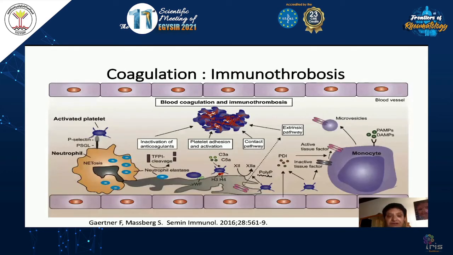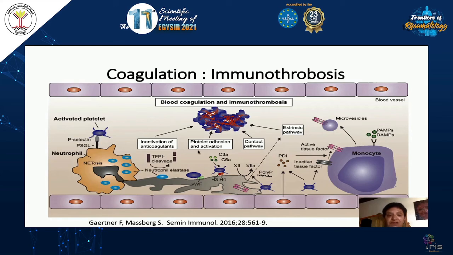So this is just a figure. If there is a pathogen, then there is stimulation of neutrophils causing NETosis, stimulation of activated platelets with P-selectin stimulation causing adhesion, and also the interaction with the endothelial von Willebrand factor and the interaction with complement stimulation. All that can cause stimulation of the coagulation pathway and also stimulation of monocytes by this process with the formation of microvesicles and antigen presentation to other immune cells.